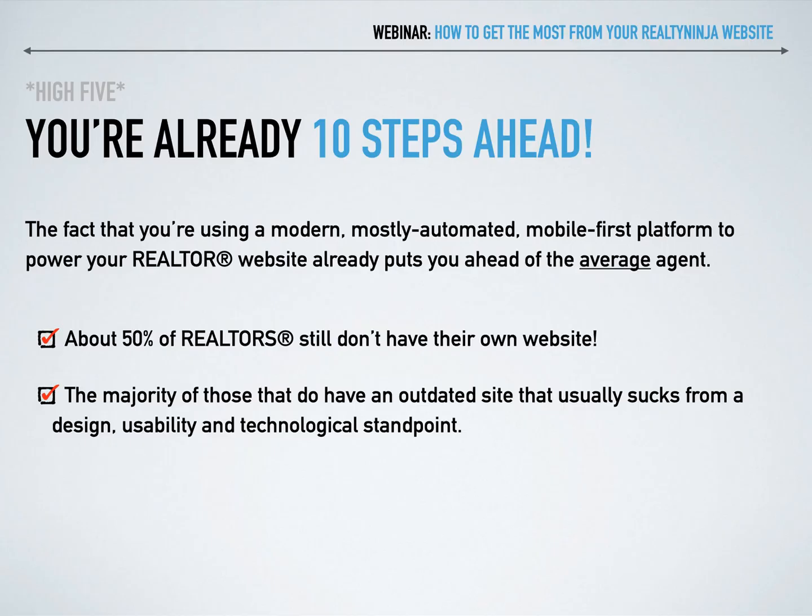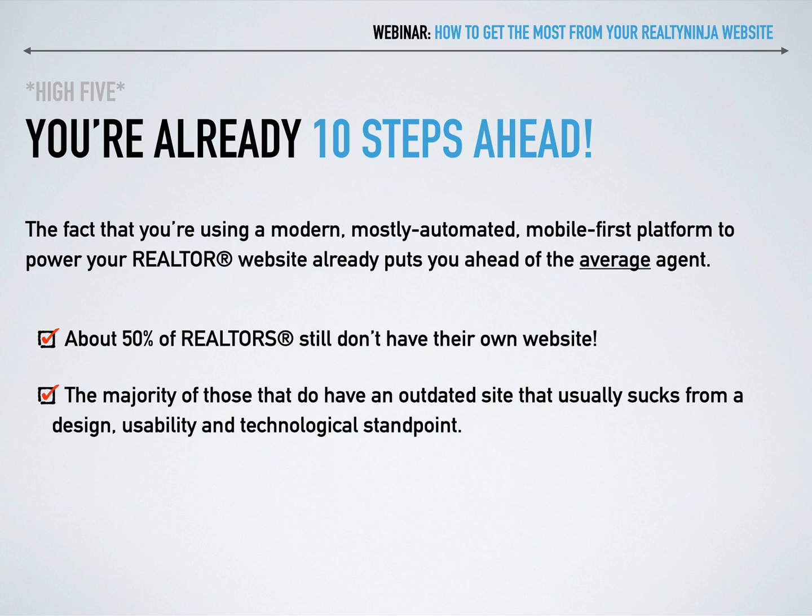So give yourself a pat on the back, give yourself a self-high five. The fact that you're using RealtyNinja, a modern, mostly automated, mobile-first platform to build your real estate website already puts you ahead of the average agent. Believe it or not, about half the agents out there still don't have their own website. They're using websites that are provided to them by their brokerage or on domains that don't actually belong to them.